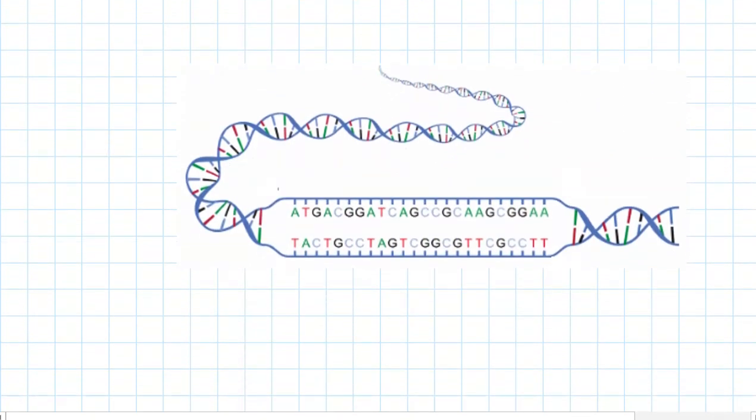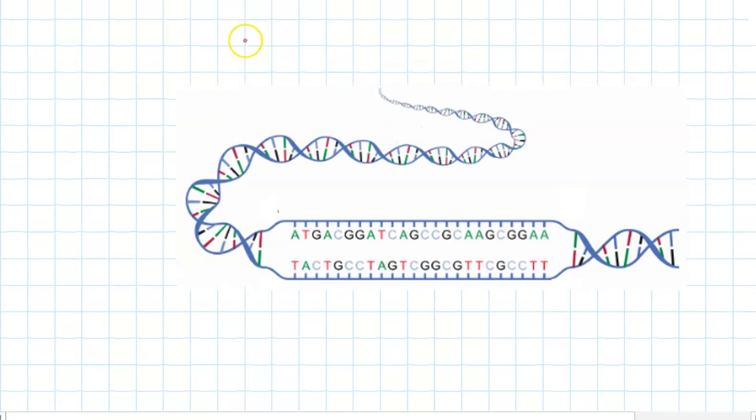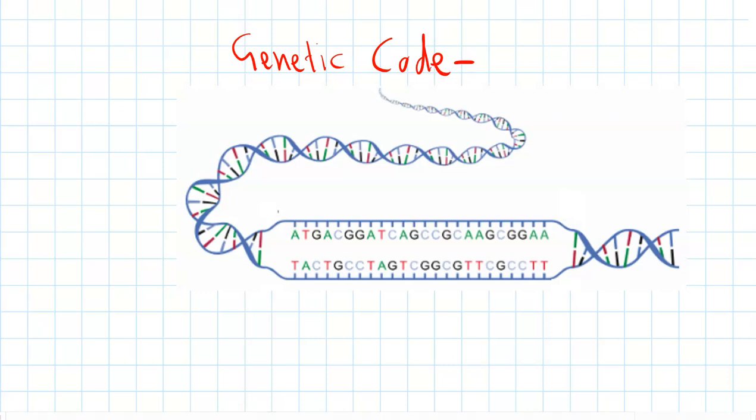Okay, so now we're going to look at the actual genetic code. So I mentioned that DNA contains a code. And the genetic code is basically a series of 4 letters which represent molecules on the DNA strand.